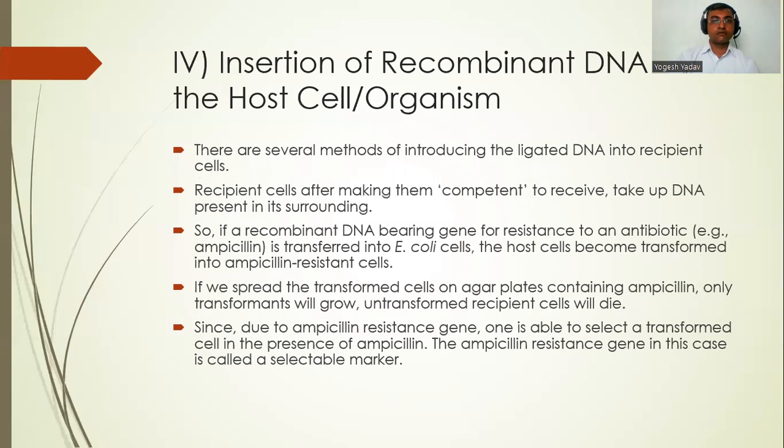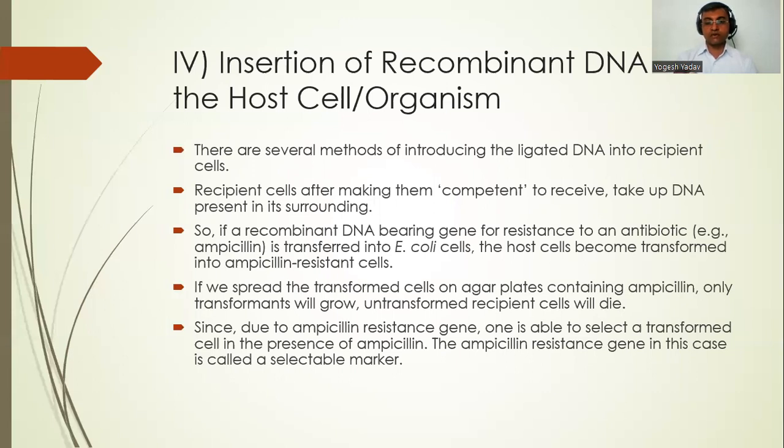Now there is insertion of recombinant DNA into the host cell or organism. There are several methods of introducing the ligated DNA into the recipient cells. Whatever recombinant DNA we have produced outside is to be introduced into a specific kind of cells. First of all, let us talk about E. coli.